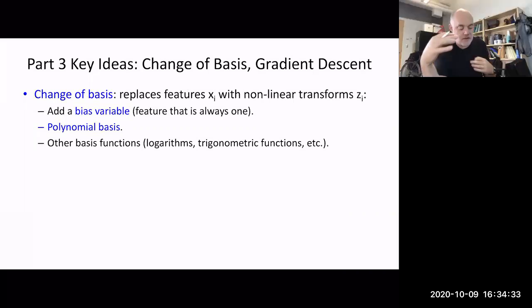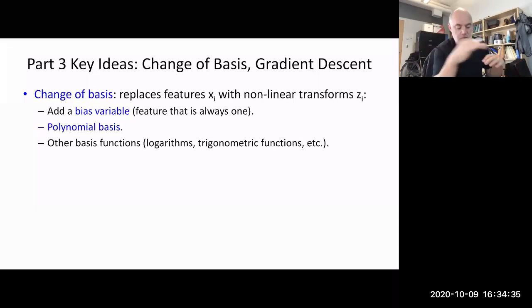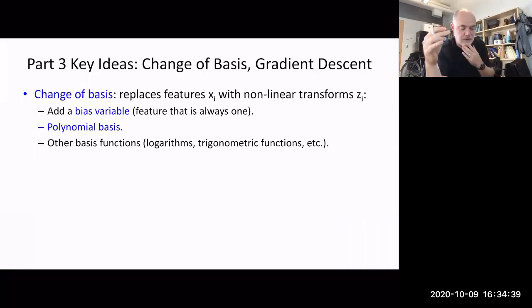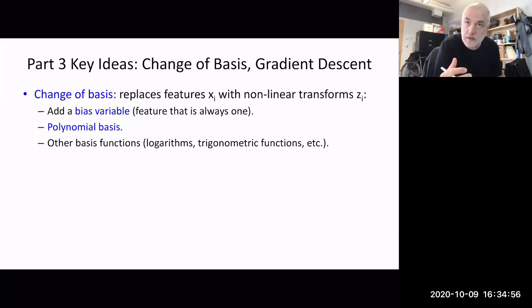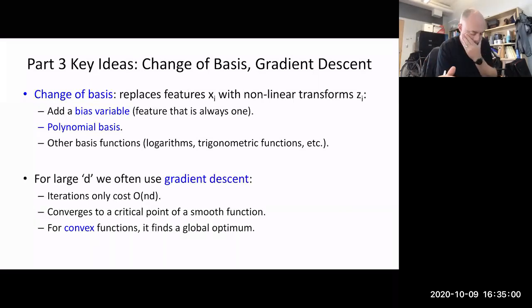Then we talked about a polynomial basis, and we showed that this makes the regression relationship much more flexible at the cost of potentially overfitting. And then we talked about feature engineering, where you can add all kinds of basis functions to your new basis set Z that might be inspired by the problem. Basically, it makes the nonlinear regressor more powerful and more application specific.